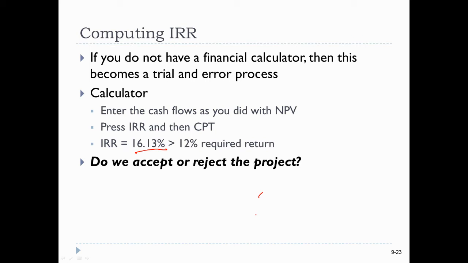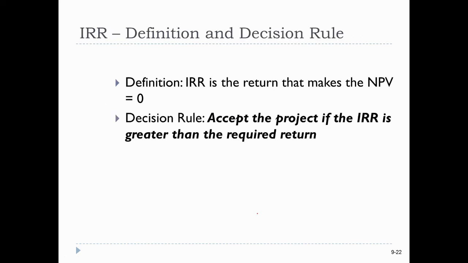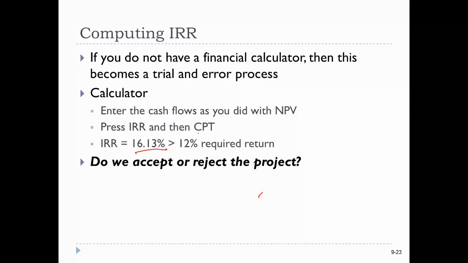The question obviously is, do we accept or reject the project? Well, the decision rule that was specified with the internal rate of return was to accept the project if the IRR is greater than the required rate of return. And in this situation, we were told that the required rate of return was 12%.